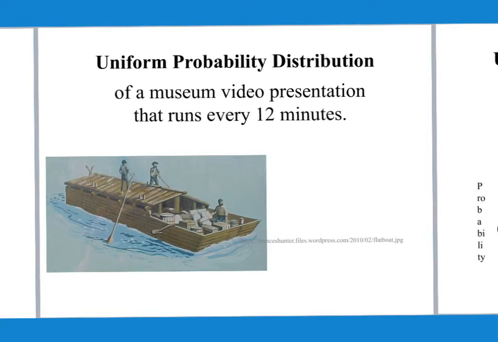In this museum, there is a video presentation about flatboats that runs on a loop every 12 minutes. The question is, how long can you keep those 3rd graders behaving? How long will it take them to start finding things to do they should not do?